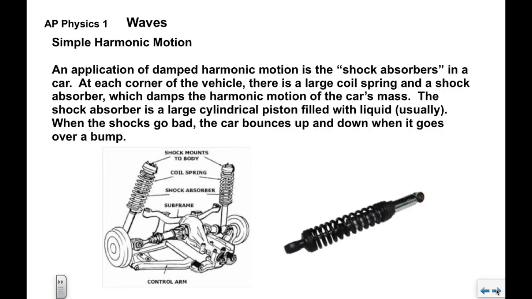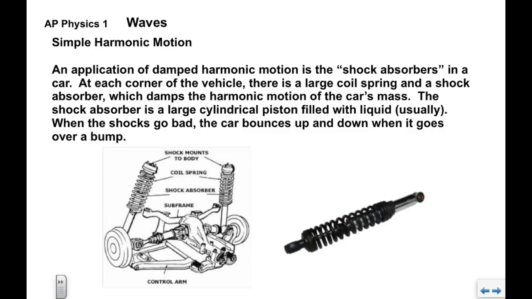One good application of damped harmonic motion is the shock absorbers in a car. At each corner of the vehicle, there's a large coil spring and a shock absorber inside it. The shock absorbers are inside the coil spring, as you see here. The shock absorber is a large cylindrical piston filled with liquid or gas.